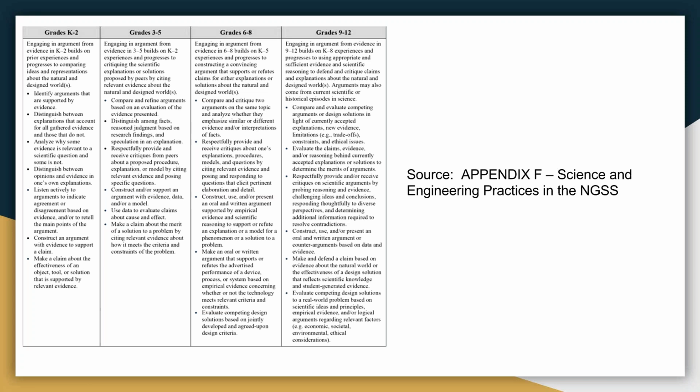So we're going to break this up into the 4 different grade bands. Rachel, I know that you're a high school, but if you would look at K2 and I'll give you a couple minutes to just look through those verbs, pick out the verbs that really kind of describe what argumentation and evidence is and what you think those K2 students are doing to show that they're arguing with evidence.